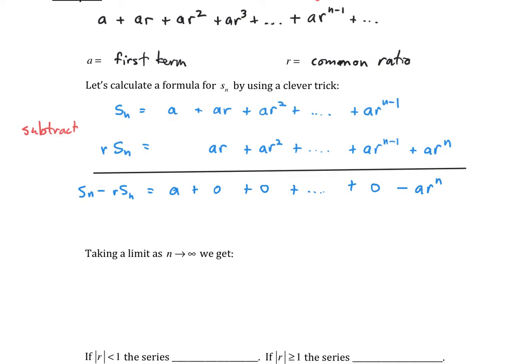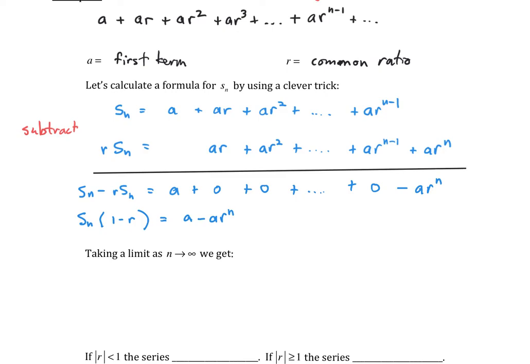All right. And then what I'm going to do is factor. So I factor an Sn out on the left-hand side, and I get 1 minus R. On the right-hand side, what did I get? I had A minus A times R to the n power.